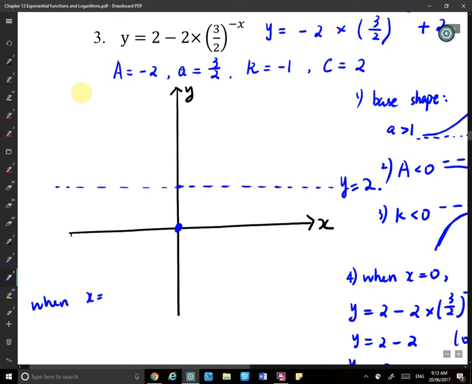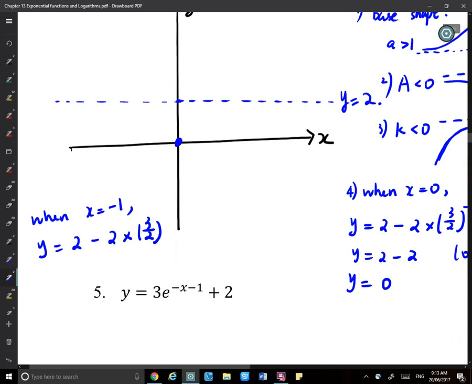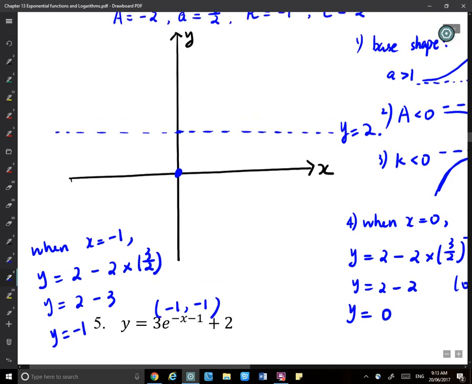When x equals -1, y will be 2 minus 2 times 3/2 to the power of 1. Minus (-1) is to the power of 1. y will be 2 minus 3. y will be -1. So I will have the coordinates -1, -1.